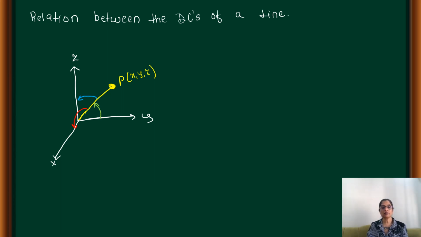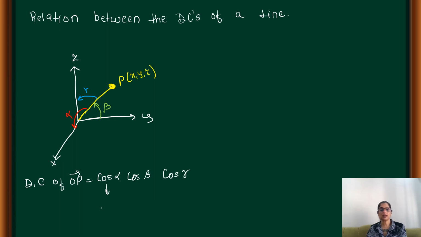Every time you do the same thing, obviously you'll remember it, because these are the only ratios we are going to talk about throughout the lesson, correct? So can we say that the direction cosines of OP vector are cos alpha, cos beta and cos gamma? The other names for these are L, M and N.